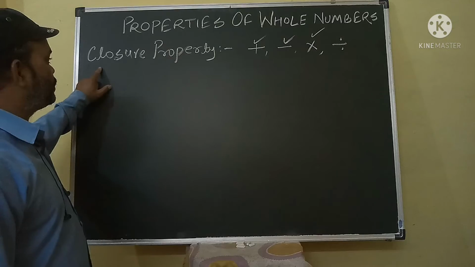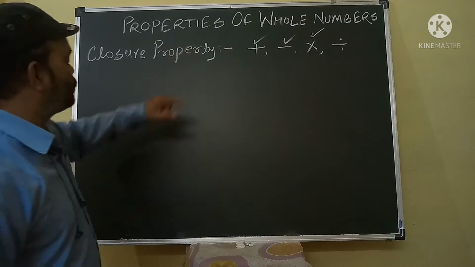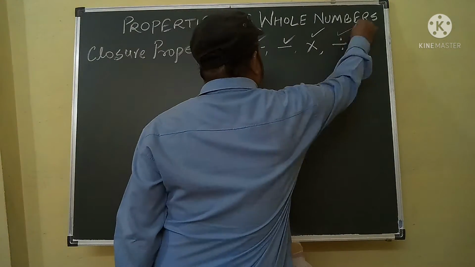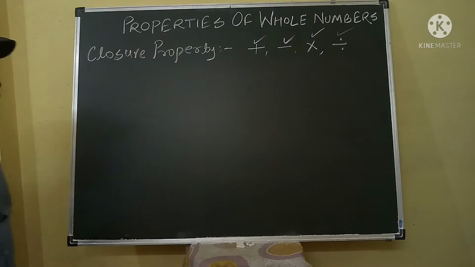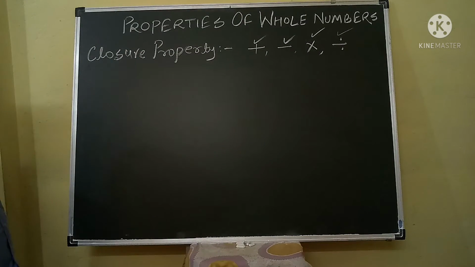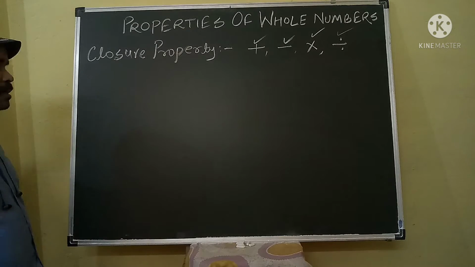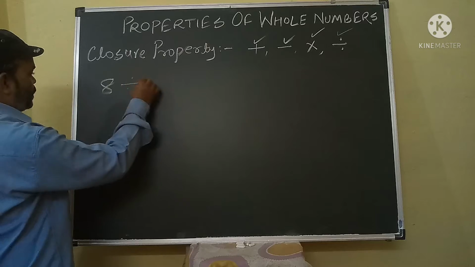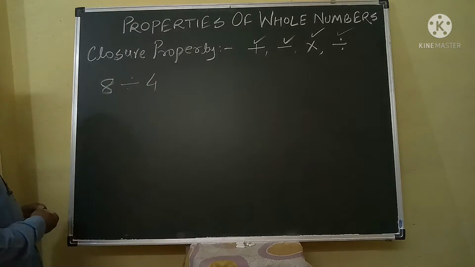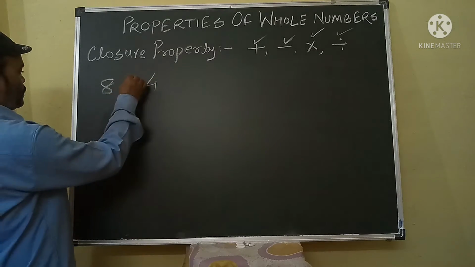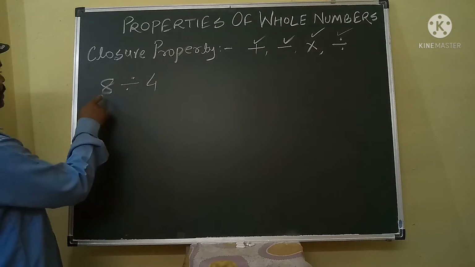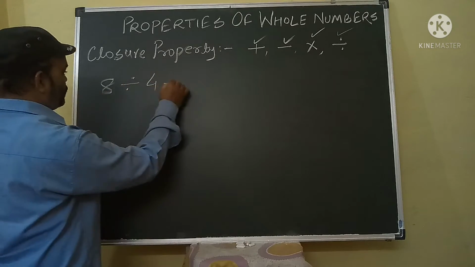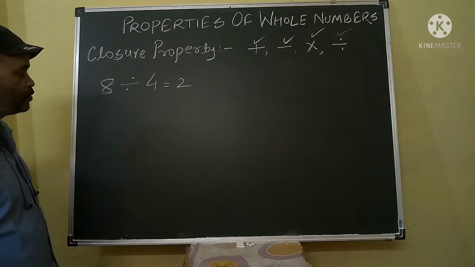Okay, we will discuss the closure property on division. Suppose you have two natural numbers, 8 divided by 4. You know very well, when 8 is divided by 4, you get 2.